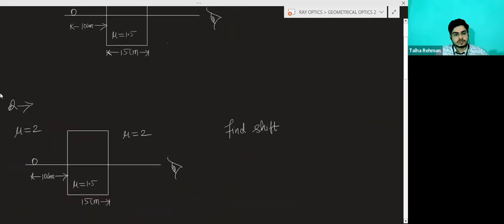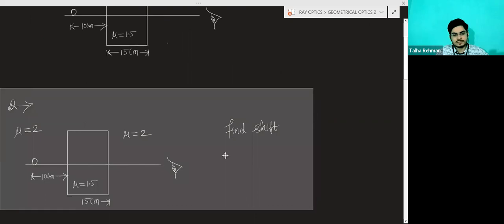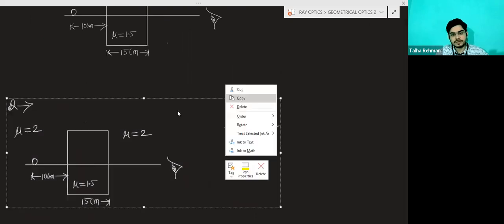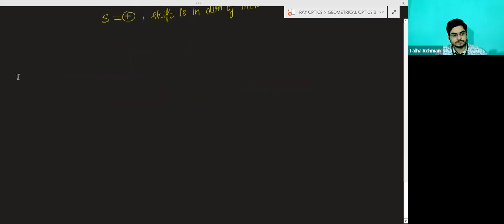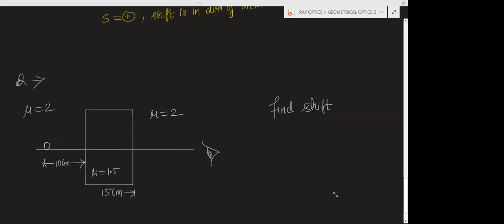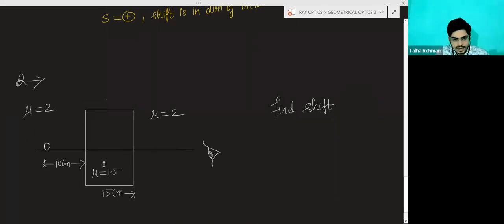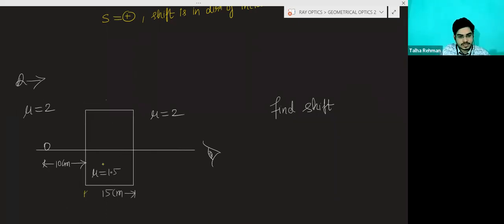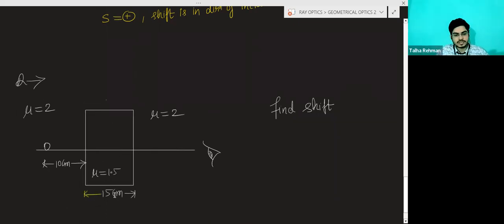Another question, with just a little difference between both the questions. The same question is there: a glass slab with the same thickness of 15 centimeter, this refractive index, and the object placed at a distance of 10 centimeter.